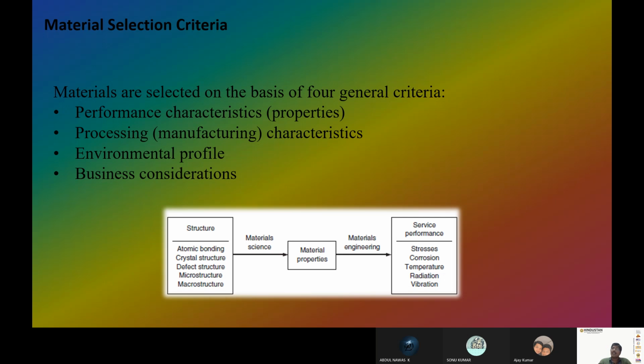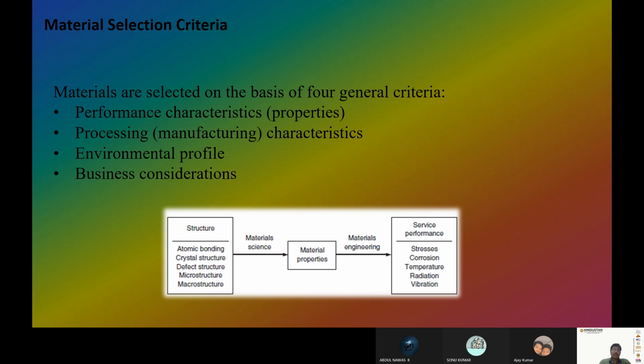And the next thing is in which environment you are using it. What will be the climatic conditions? Whether you are using this type of equipment at minus 20, 30 degrees Celsius, or at plus 40, 50 degrees Celsius, or in moderate temperatures, right? All those things we need to take care of while selecting the material.